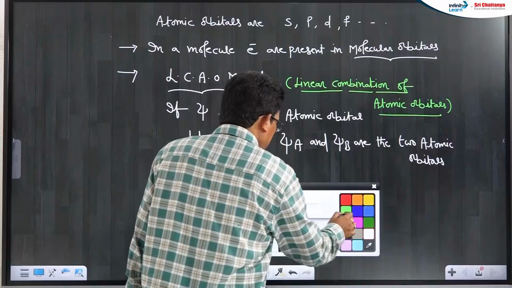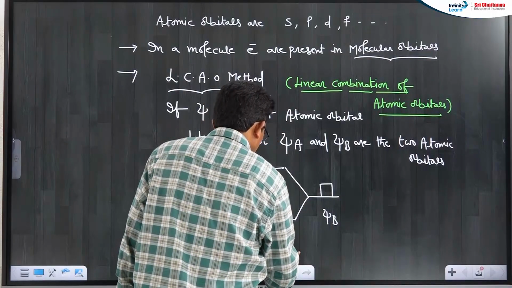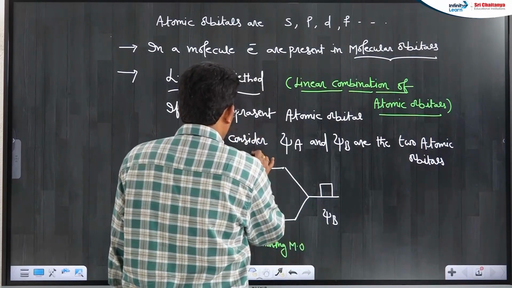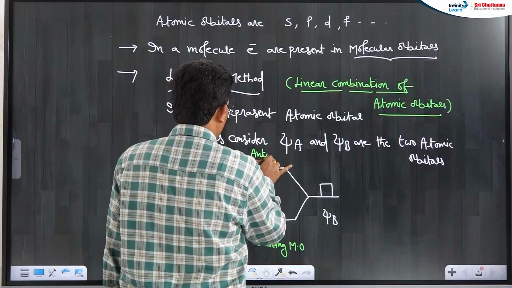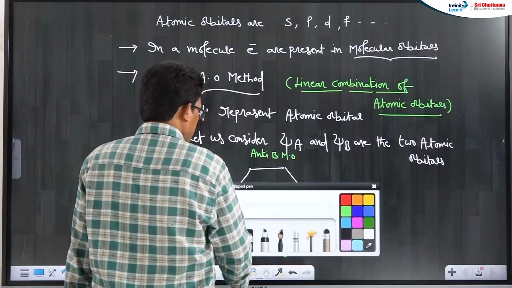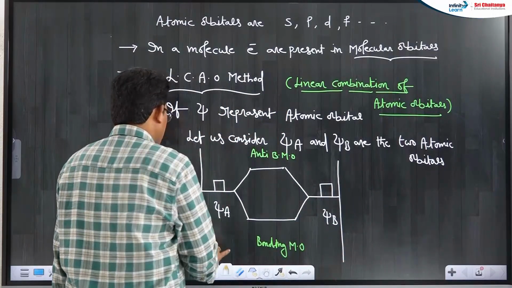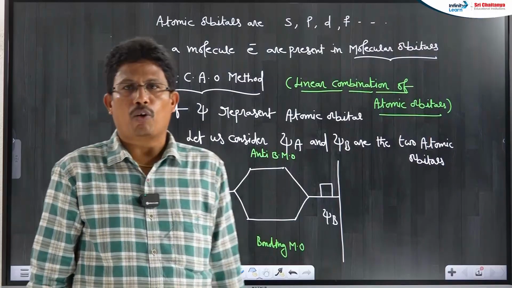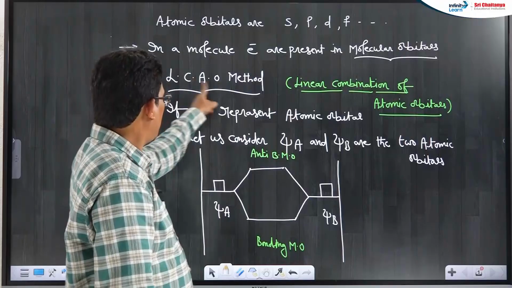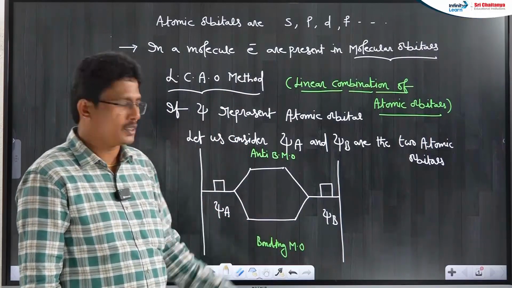One molecular orbital is called the bonding molecular orbital. Another one is called the anti-bonding molecular orbital. This type of combination of atomic orbitals having proper symmetry and nearly the same energy is called the LCAO method.